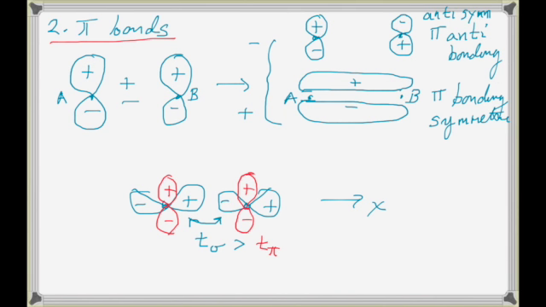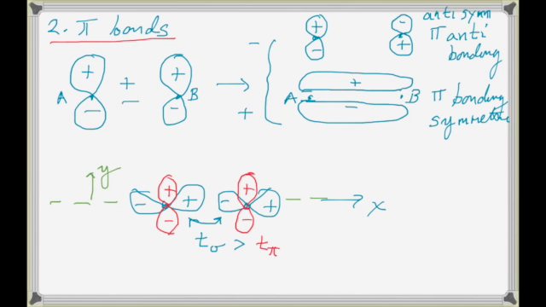Furthermore, if you think about integrals and symmetry, there is no matrix element between the red orbital and the blue orbital, because if you take a line of symmetry right through the center of the atoms, call this the y direction, the blue orbitals are symmetric with respect to y.